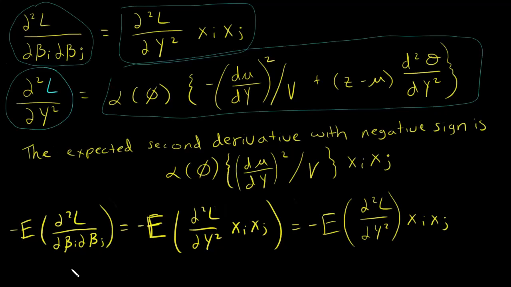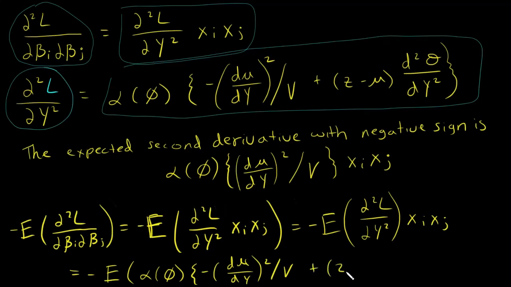So I have equals negative expected value alpha of phi d mu dy squared divided by v plus z minus mu d alpha, or second derivative of theta with respect to y. Okay, close the parentheses for the expected value, and then I have that xi, xj chilling out back.